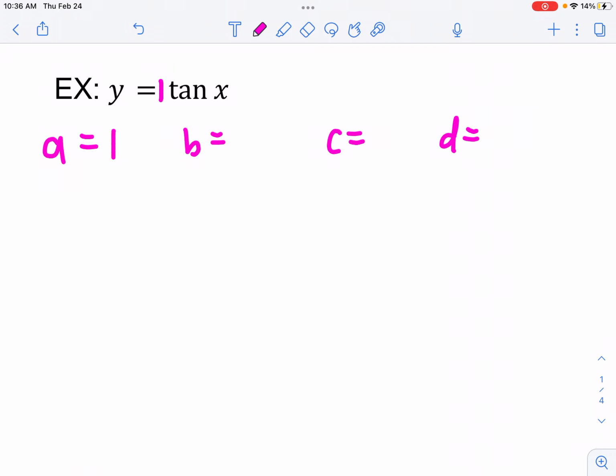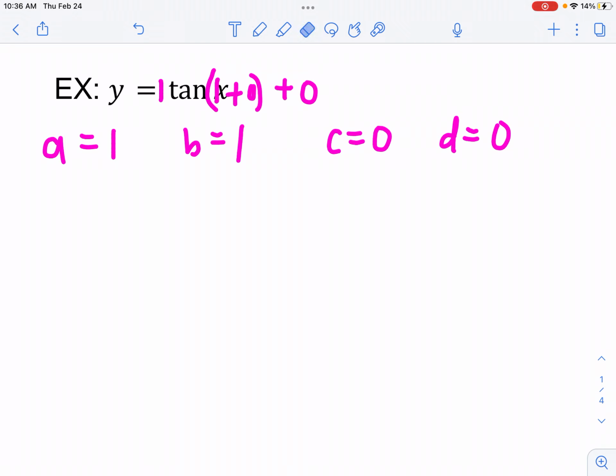B is whatever's multiplied to x. If there's nothing in front of x, then B is 1. C is whatever is added in parentheses. If there are no parentheses, then C is 0. D is whatever is being added without the parentheses. If there's nothing being added or subtracted, then D is 0.